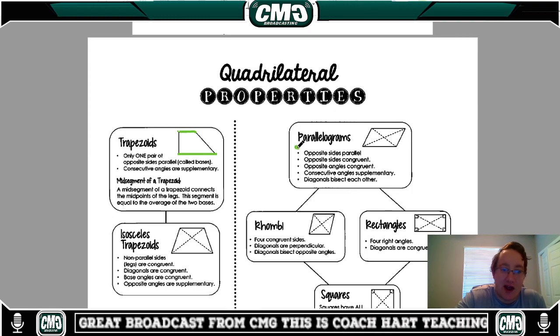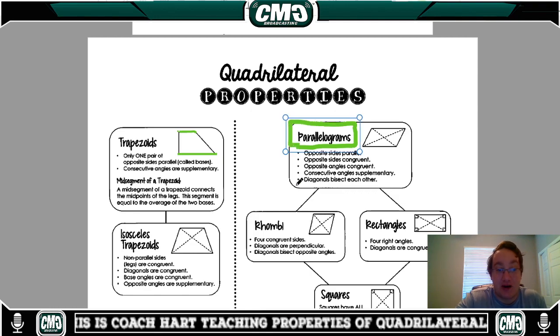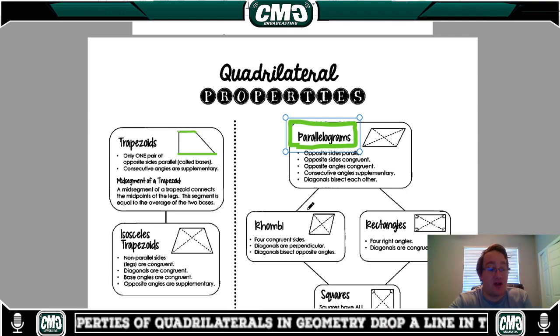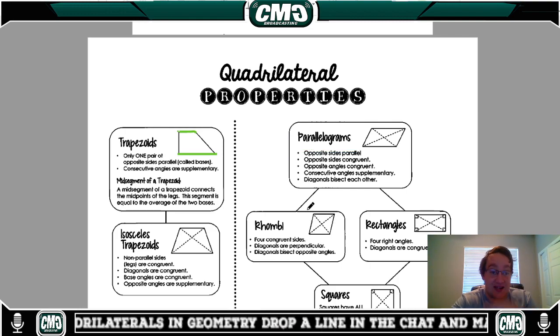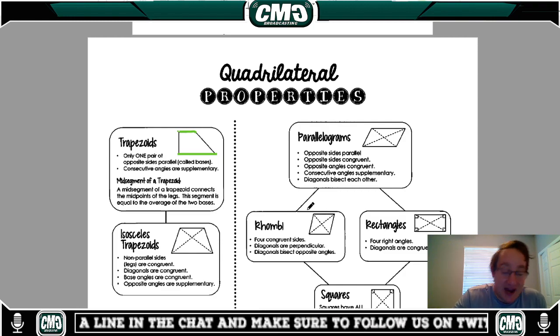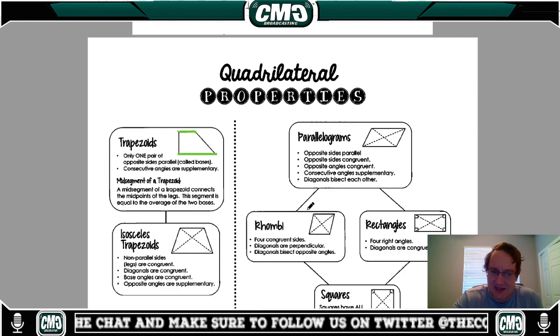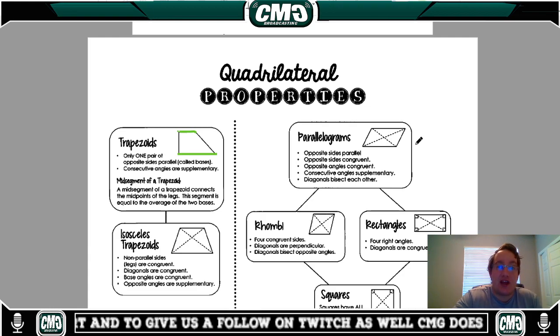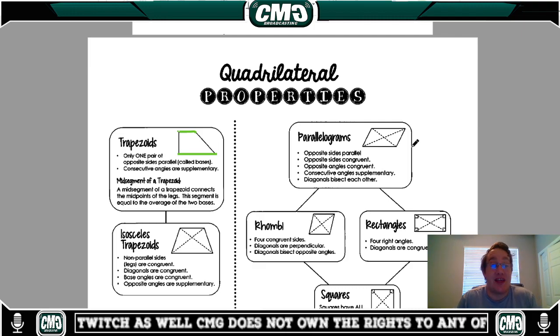Now, going over to the right side, that's more of what we're going to be focusing on today. So parallelograms are where we start. Basically, every quadrilateral that we're going to be classifying is a type of parallelogram. Now, the parallelogram is only a parallelogram because the opposite sides are parallel and the opposite sides are congruent. The opposite angles are congruent as well, but that's basically going to be the same with all of our shapes that we have here. Looking at these shapes in pictures, we're going to use the arrows.